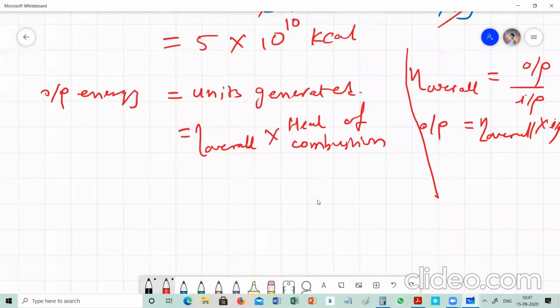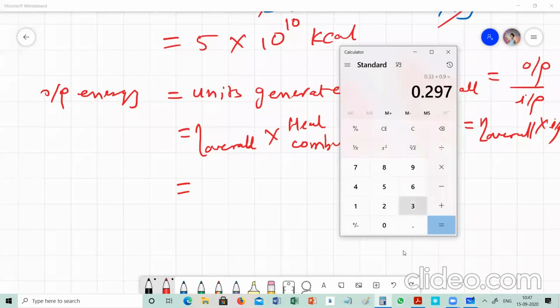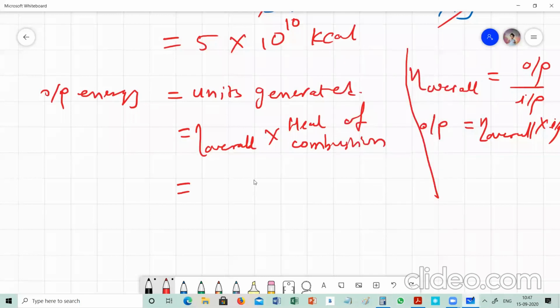We have calculated efficiency, which is equal to 0.297, into heat of combustion, which is 5 into 10 raised to 10 kilocalorie.